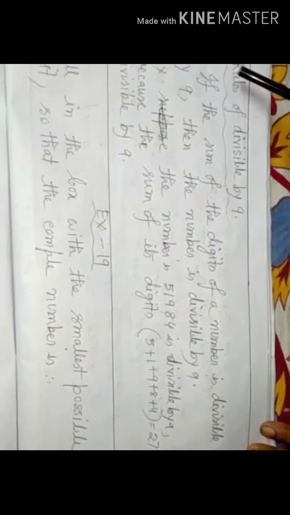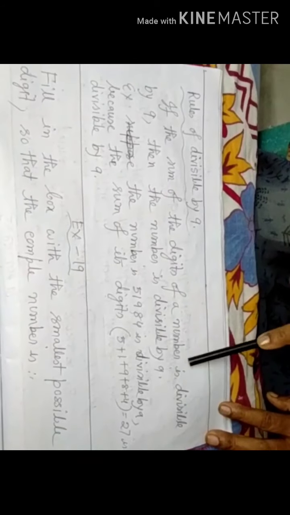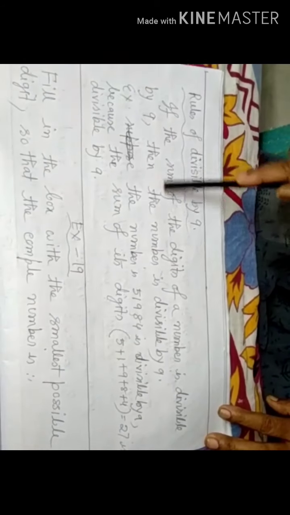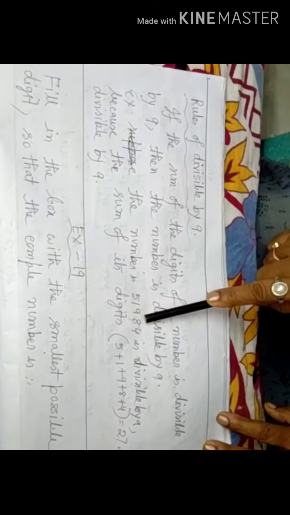Next, the rule of divisibility by 9. If the sum of the digits of a number is divisible by 9, then the number is divisible by 9. Example: suppose the number is 51,984.